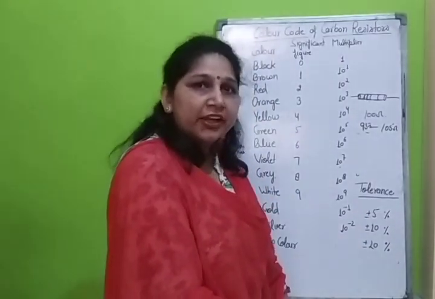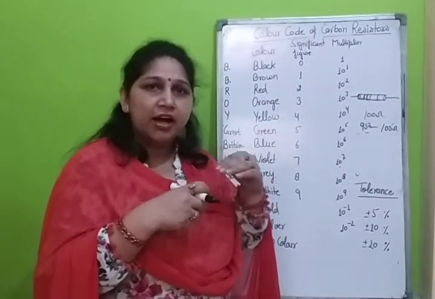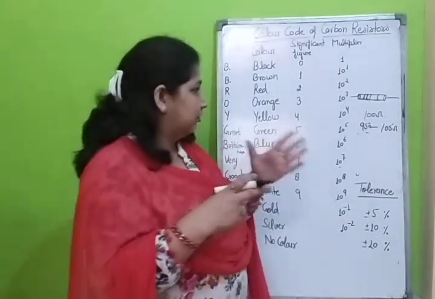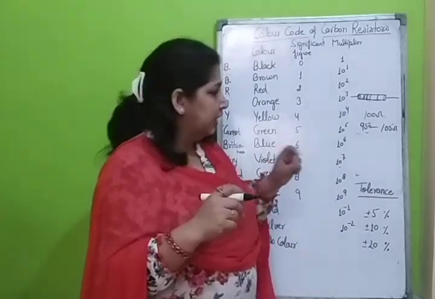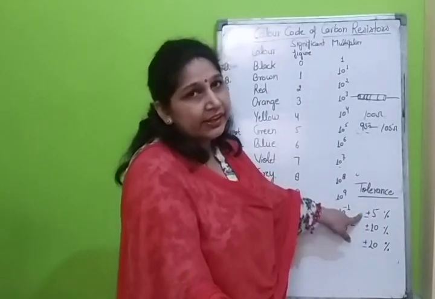In the process of making the resistance, when we filter the carbon, the process will be long. As the process becomes long, the cost will increase, and the resistance tolerance will decrease.